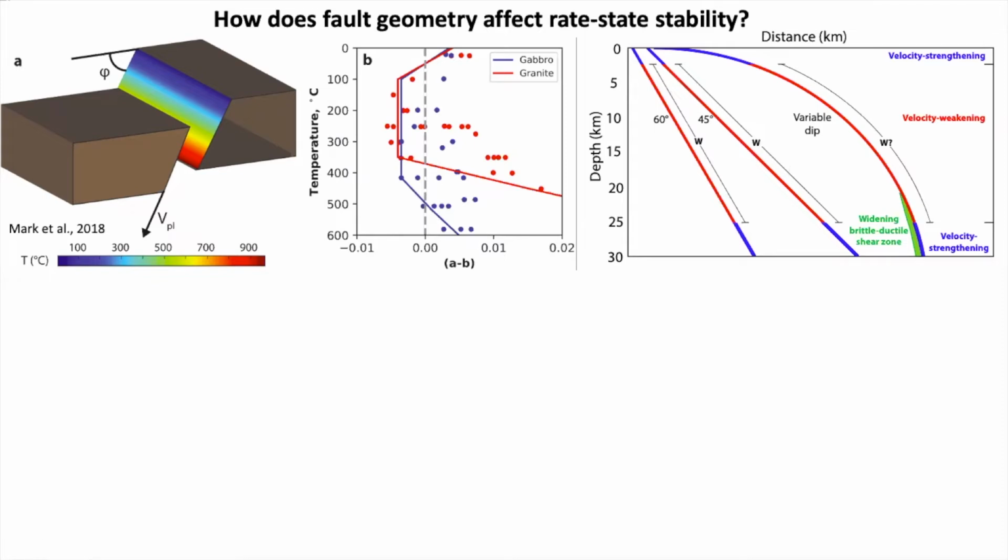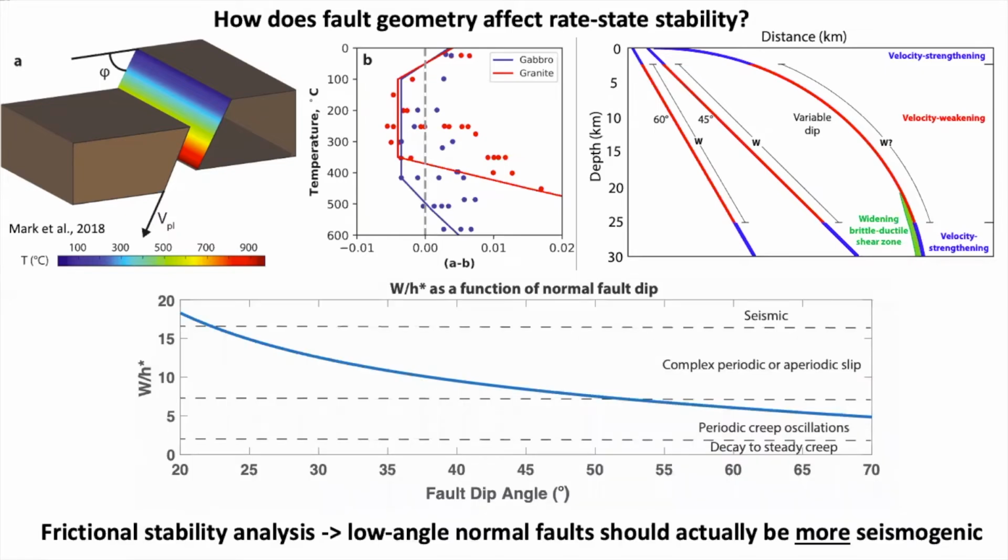So assuming a similar geotherm and mineralogy, the rate state friction predictions say that low angle normal faults should actually be more seismogenic than their more steeply dipping counterparts. And down here, we're plotting an example of how W over H star would vary with the dip angle, and the different stability regimes are shown by these dashed black lines. So we'd expect a normal fault dipping 25 degrees to be more seismic than one dipping 60 degrees, which would be more likely to creep.